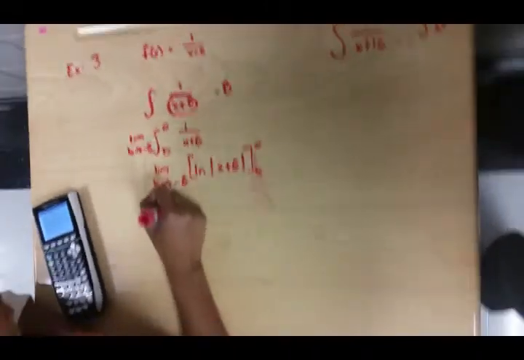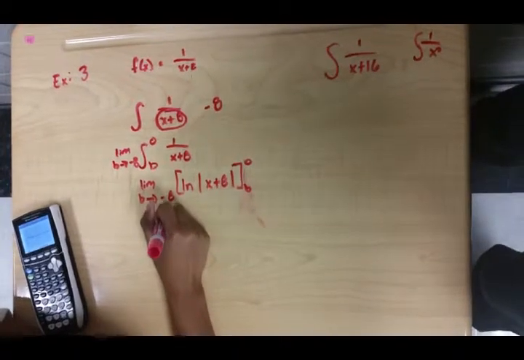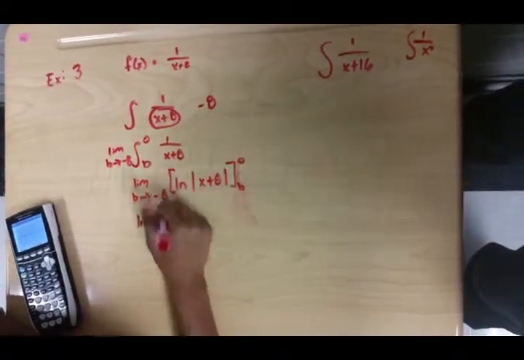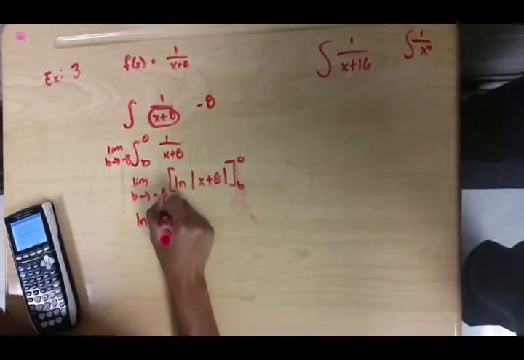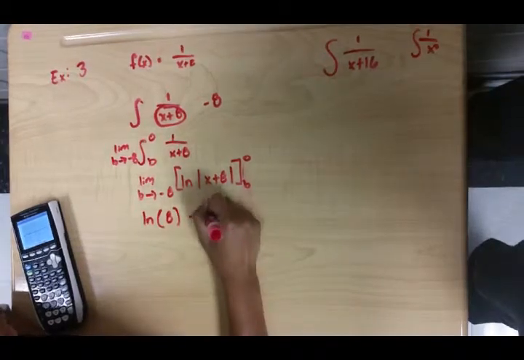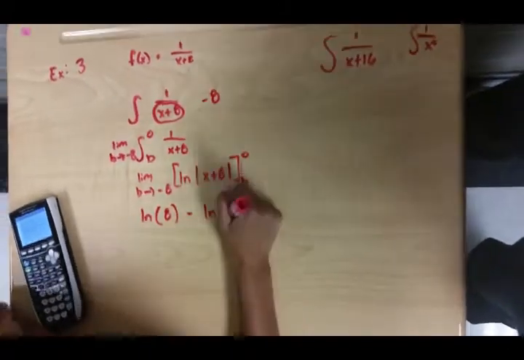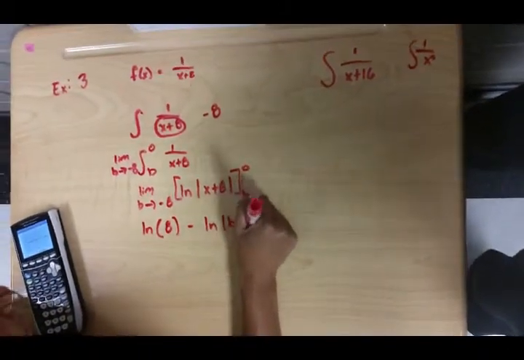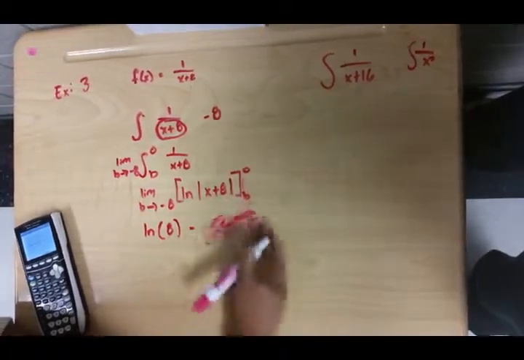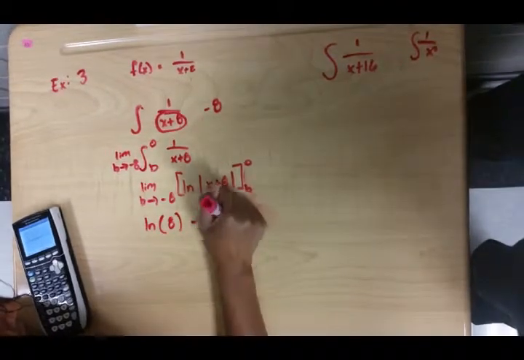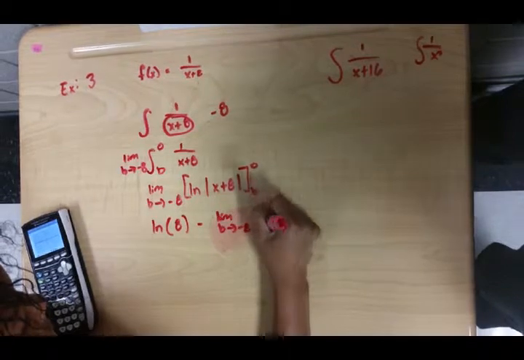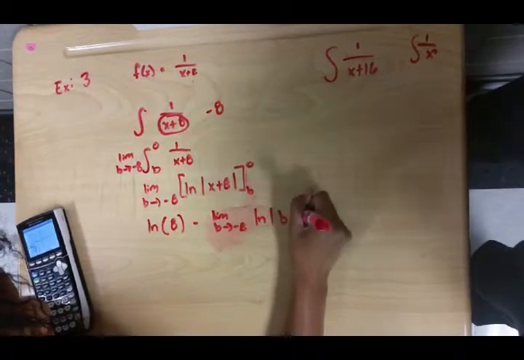So the ln of, you don't have to put the absolute value because 0 plus 8 is positive anyway, and then subtract the ln of b plus 8. And don't forget to put the limit here, like I did. So the limit as b goes to negative 8, the ln, absolute value of b plus 8.